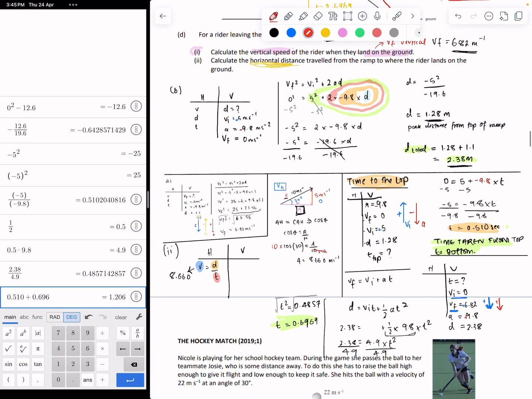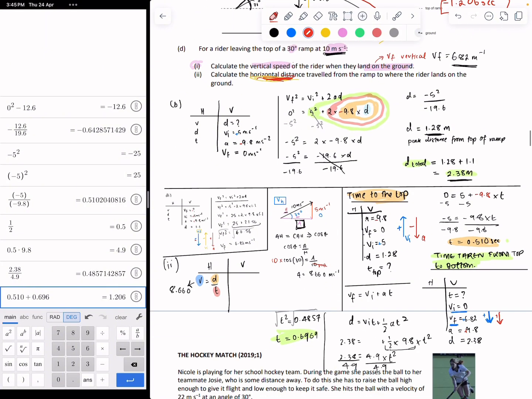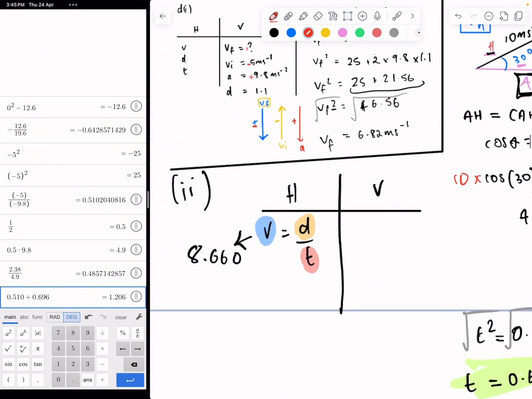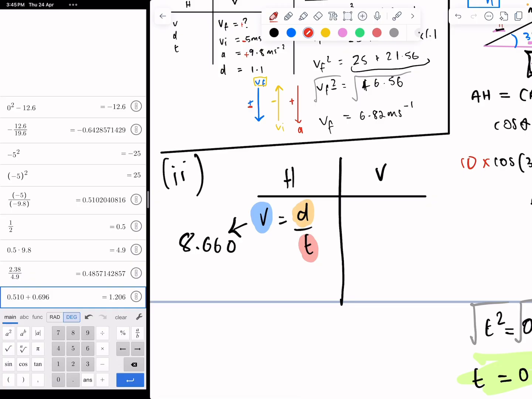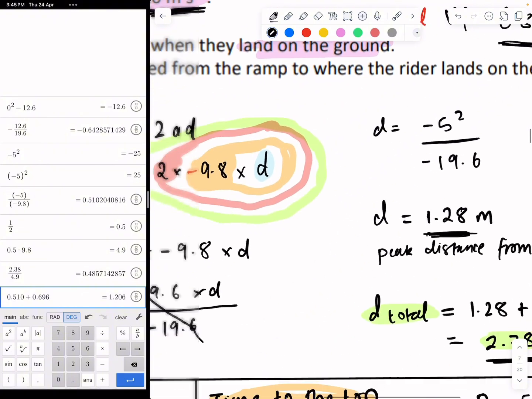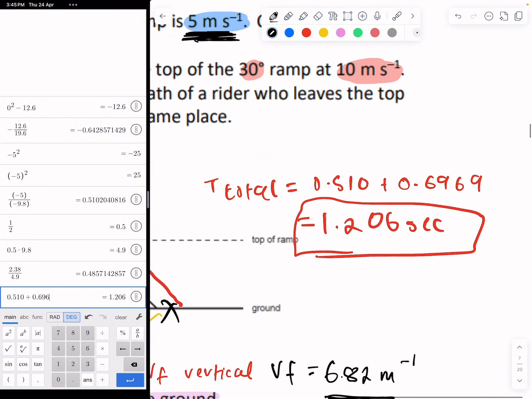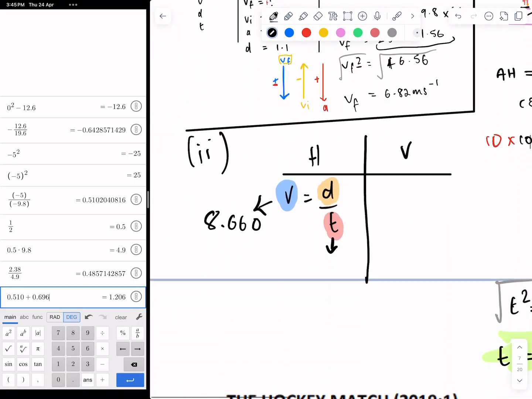So finally, we can answer the question, which is asking us the horizontal distance. We know our total time now is 1.206 seconds. Right, we can finally do all the maths.